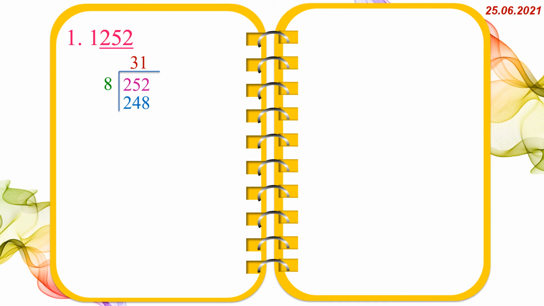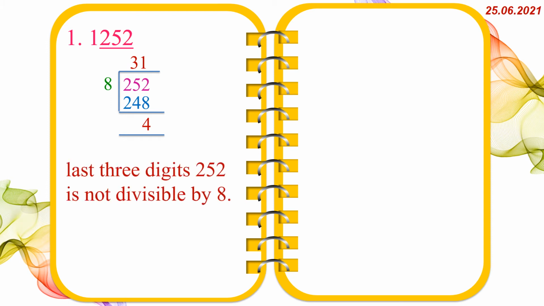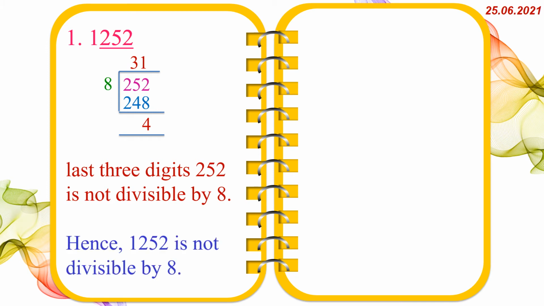Now let's subtract 252 and 248. We get 4. Now the remainder is 4. So therefore 252, that is the last 3 digits, is not divisible by 8. Therefore, 1252 is not divisible by 8.